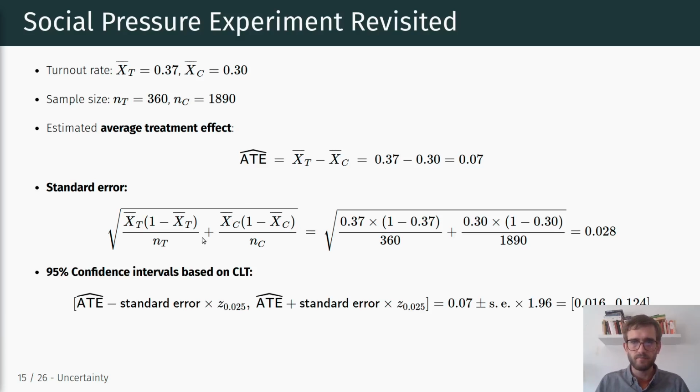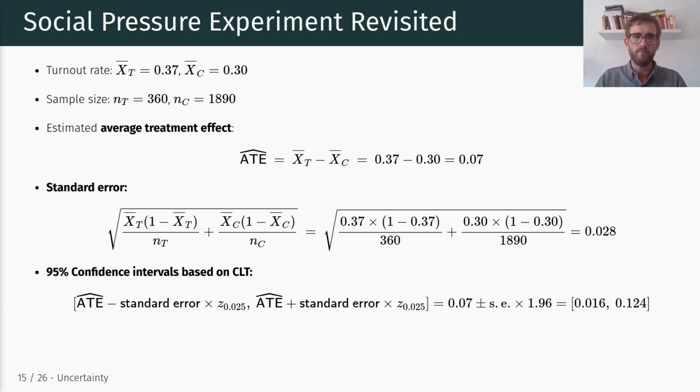Okay. Using the same arguments that we had in the context of sample surveys, we can compute the 95% confidence interval based on the central limit theorem, so based on the asymptotic properties of our estimator, by subtracting and adding 1.96 times the standard error in both cases.